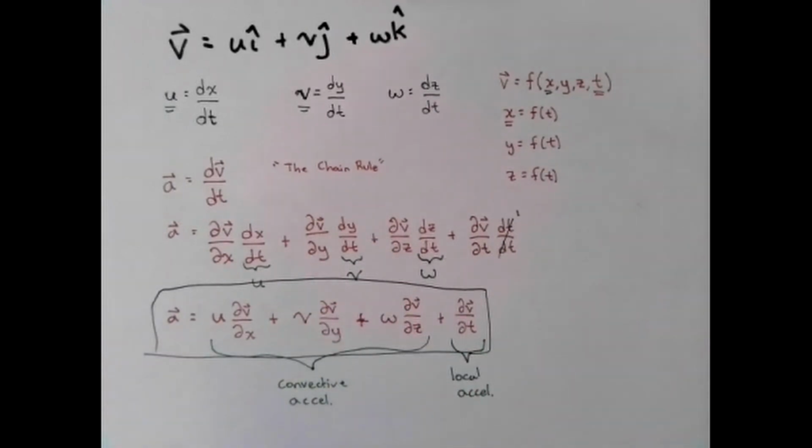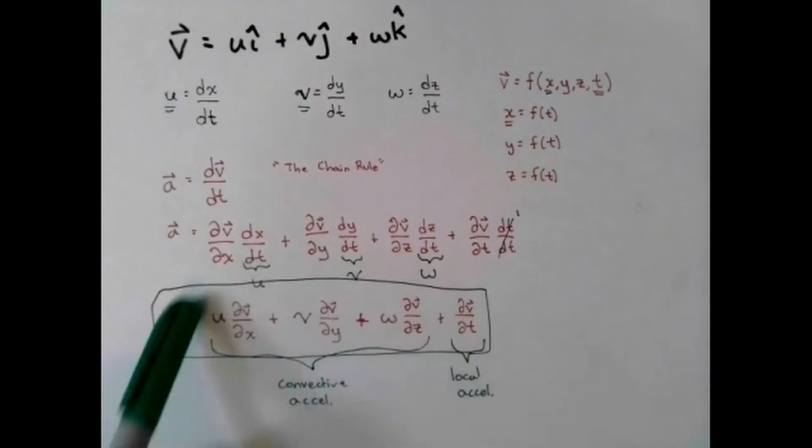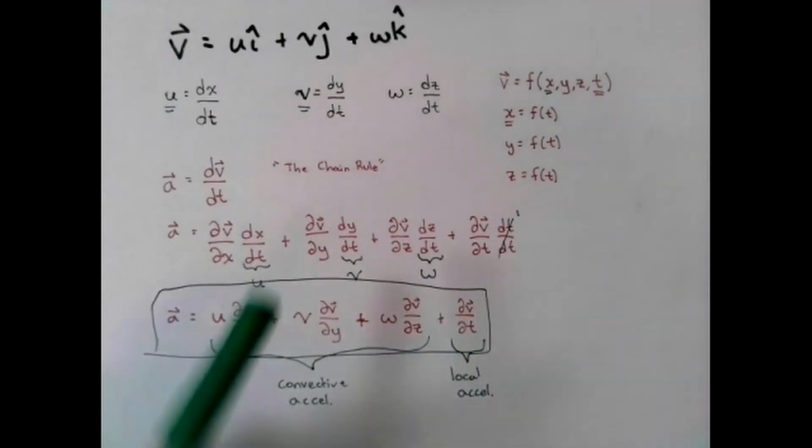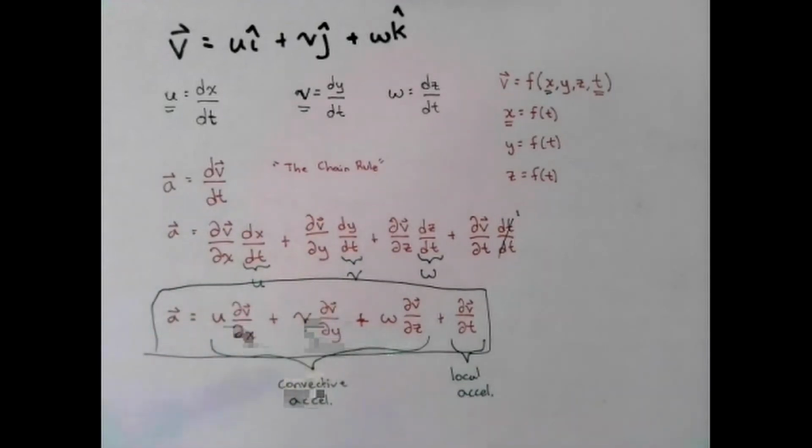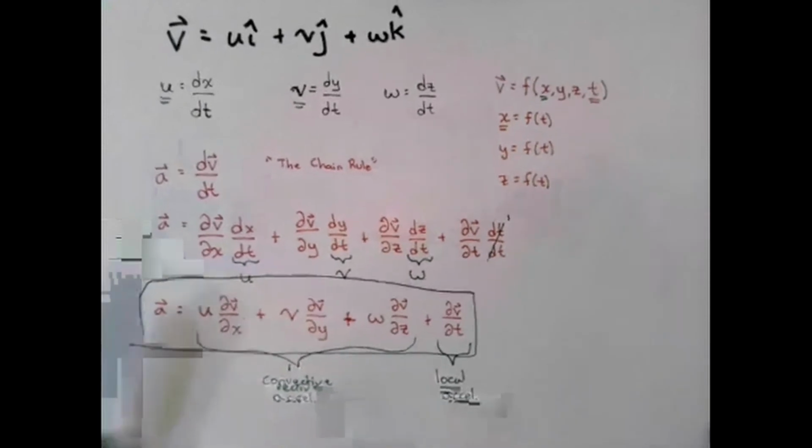We call this the convective acceleration because if we were to plot 1,000,000 particles, then this acceleration would essentially be represented based on its position. So because there's a change with position, we call it convective acceleration.